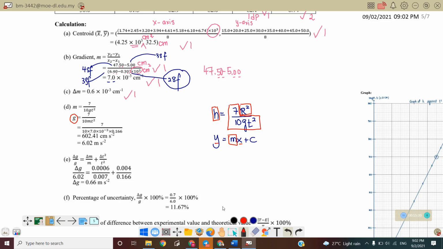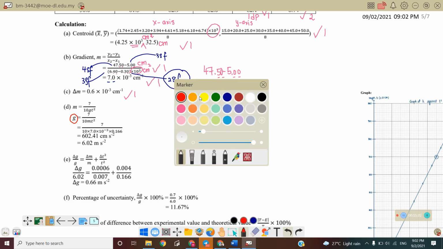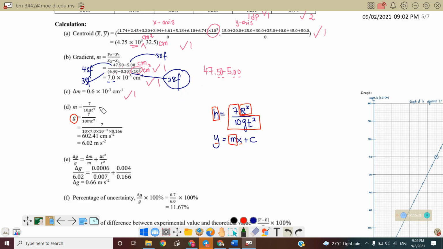Okay, t squared, where can we find our t squared? Okay, I change color. This t squared we must find from experiment 2a. You find from the graph, from 2a, meaning the previous experiment, where we must find the height. It is given in the question.